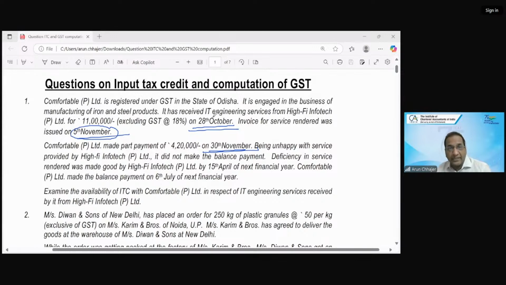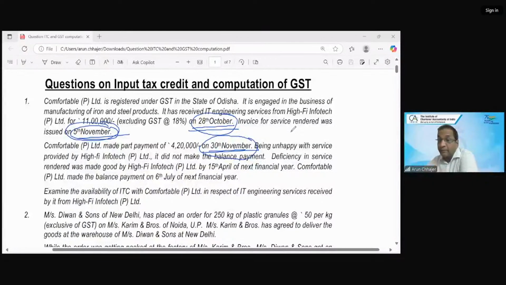First tell me which date there are the 3 dates on which the ITC would be eligible to the recipient.